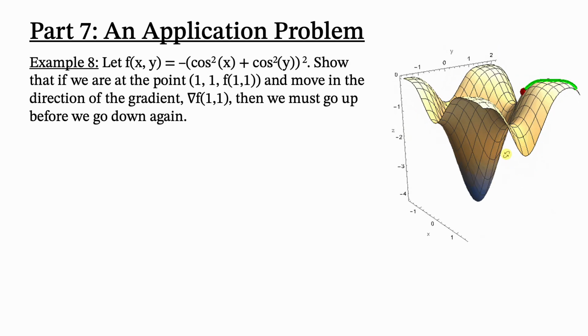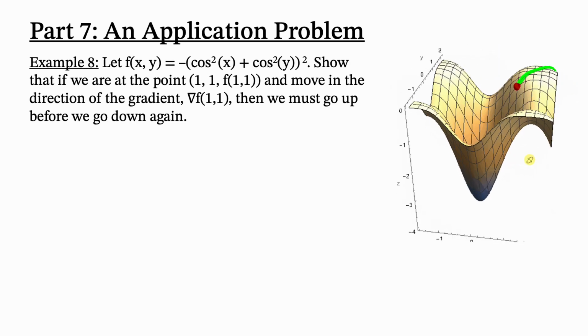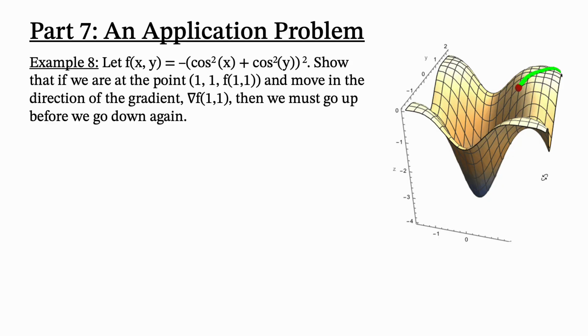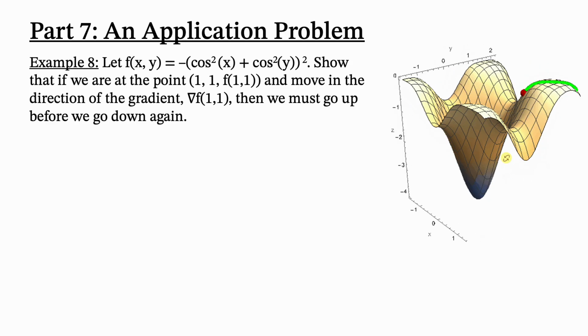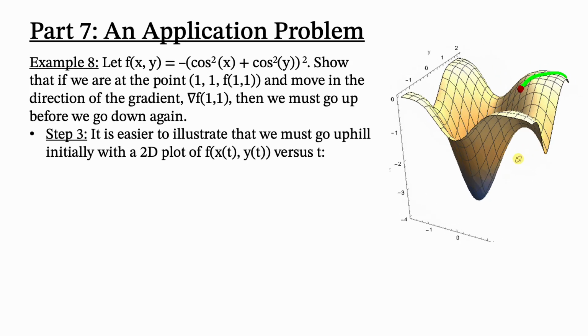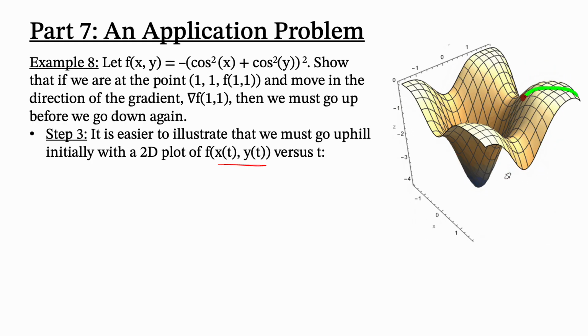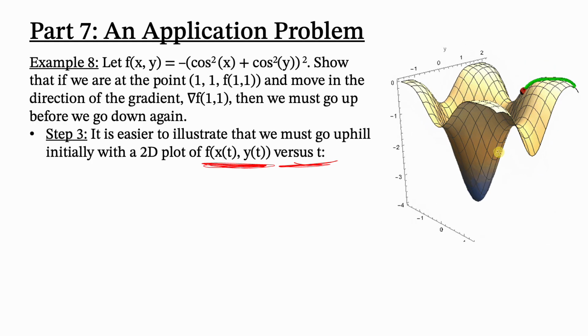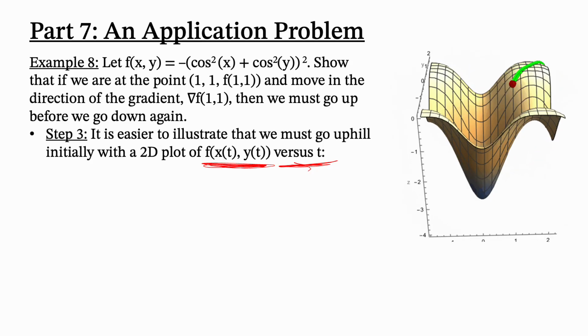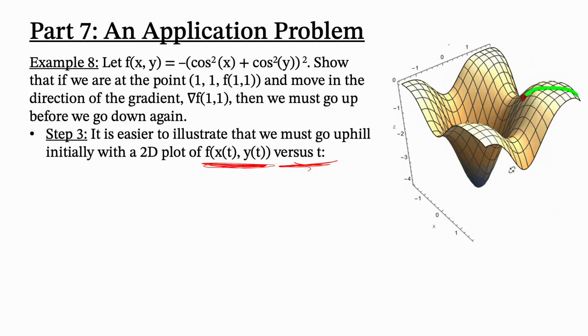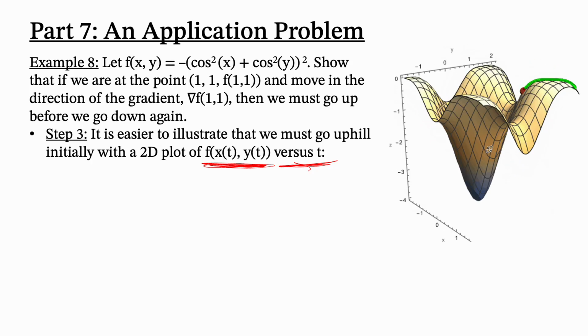And so we can try to plot our altitude over time by doing the following. So I'm going to try to get a 2D plot of what's going on here. So I'm going to plot f of x of t, y of t versus time. Basically, I'm going to plot my altitude on my hiking trail over time, starting from that point 1, 1.